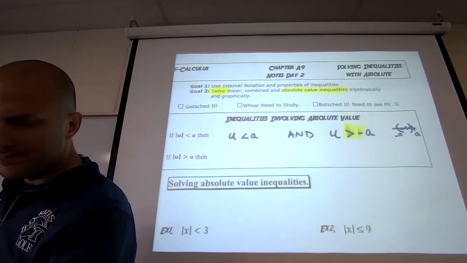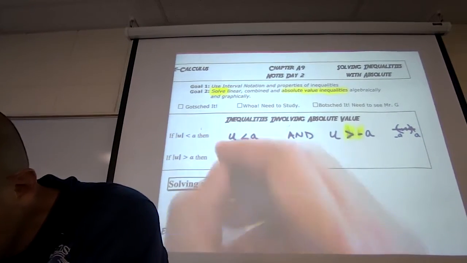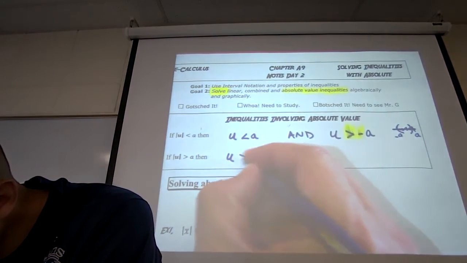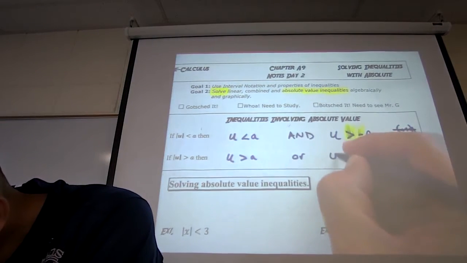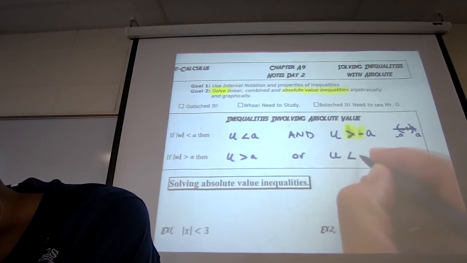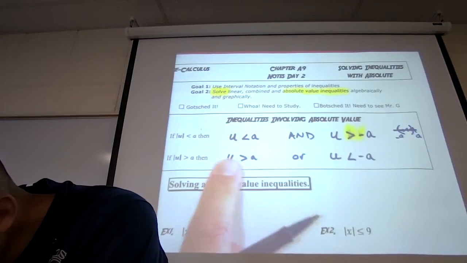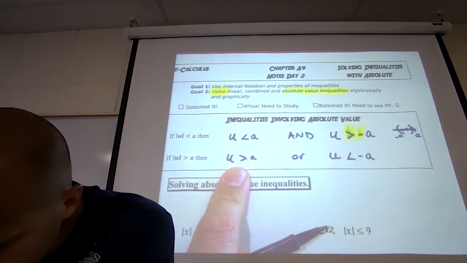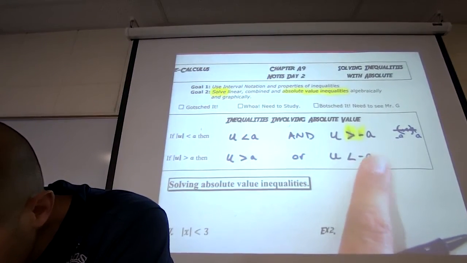So when we do the next one, if I have the absolute value of u is greater than a, then I have u is greater than a, or u is less than negative a. So I rewrite it just without the absolute value, or I rewrite it and make this a negative, and it's like been multiplied.